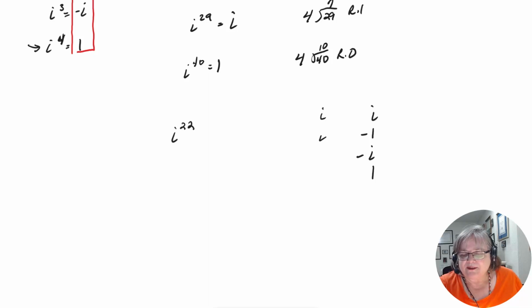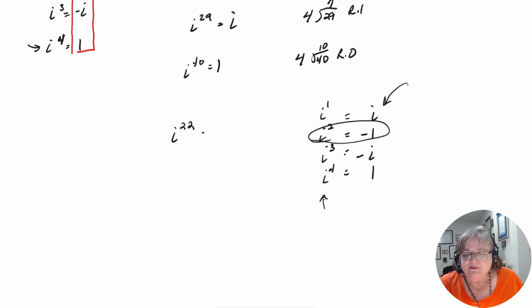I put all my i's down, and then I count 1, 2, 3, 4. So you build your pattern by going over here and going i, 1, and the two in the middle are negative. And then over here on this side, you just count 1, 2, 3, 4 with your eyes. So here we go. i to the 22nd. 4 goes into 22 5 times with 2 left over. So here's the 2 left over. Just negative 1.